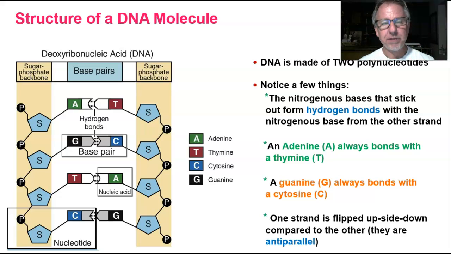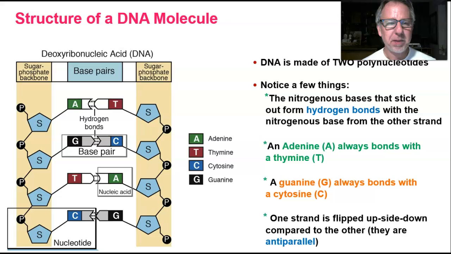And you can see in the figure that the nitrogenous bases are what are matching up. They are sticking together with hydrogen bonds. This makes DNA double-stranded. It's made of 2 strands, 2 polynucleotides, that are matched together with the nitrogenous bases.